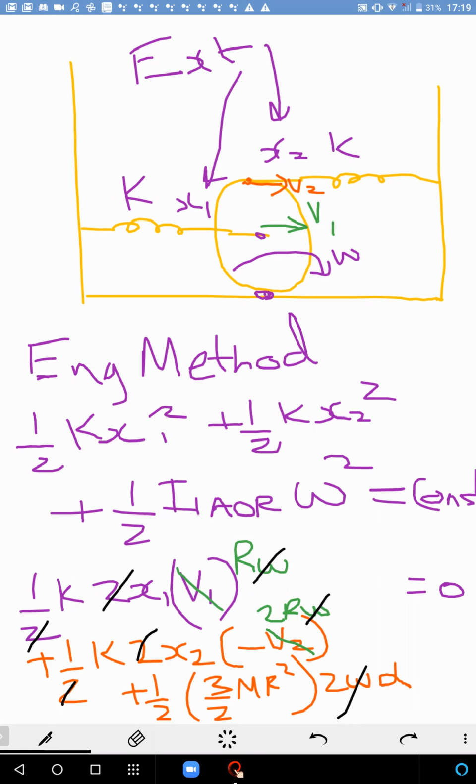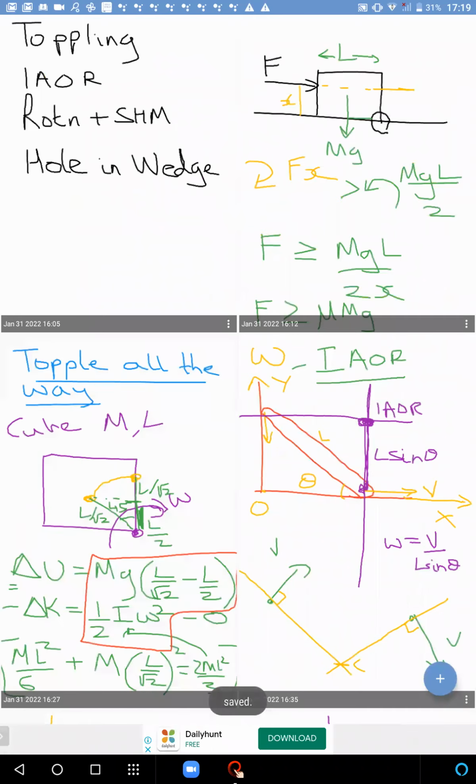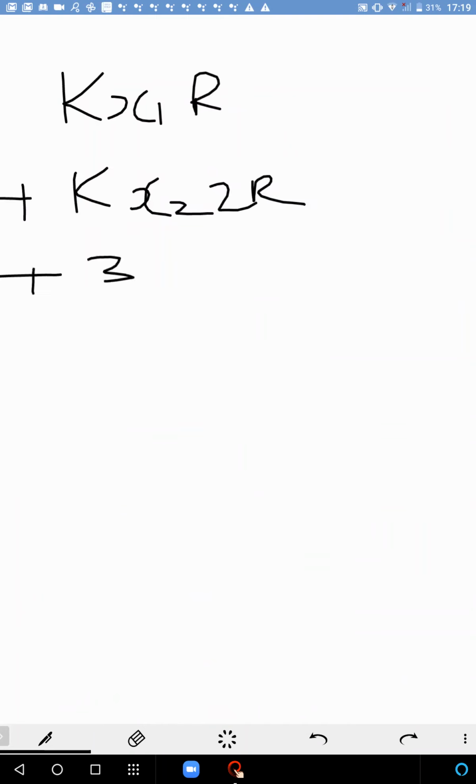So I have k x1 r, I have k x2 2r, and I have 3/2 mr square alpha.